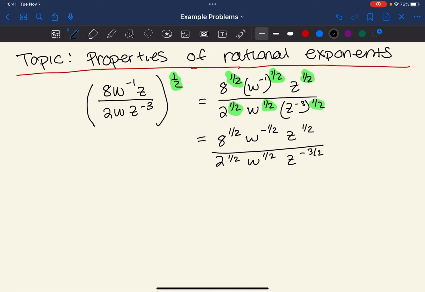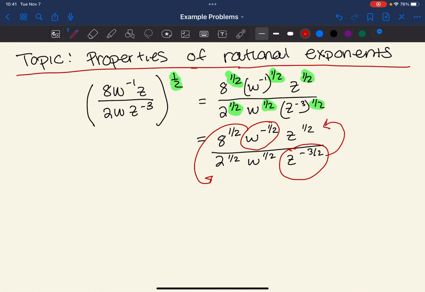Now that we have all of our exponents simplified, we need to get rid of all the negative exponents. We're going to get rid of them by moving them to the opposite side. If it's in the numerator, we move it to the denominator; if it's in the denominator, we move it to the numerator. So for example, this w is going to move down, and this z is going to move up.